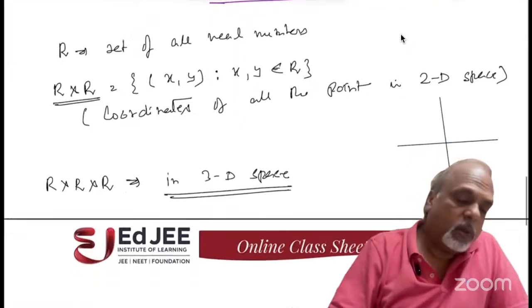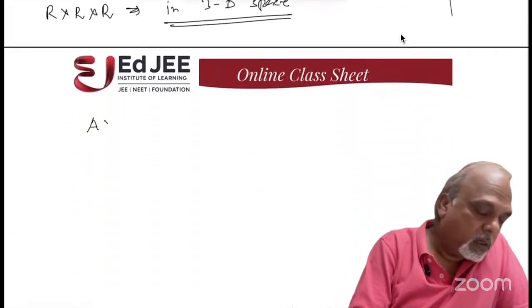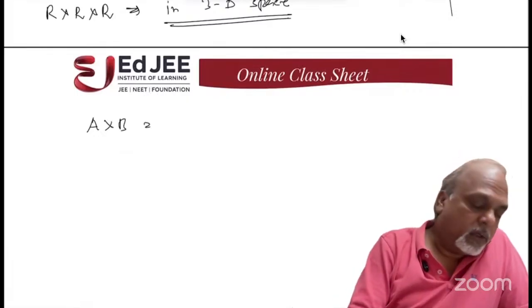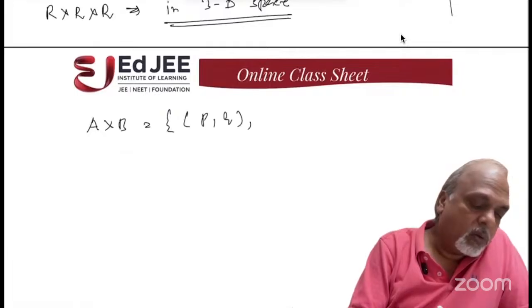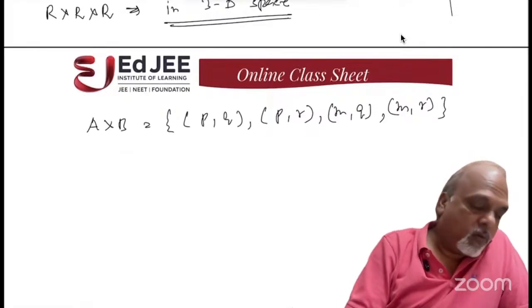Now, if you are given A cross B as P Q, P R, M Q, and M R, then what is set A?